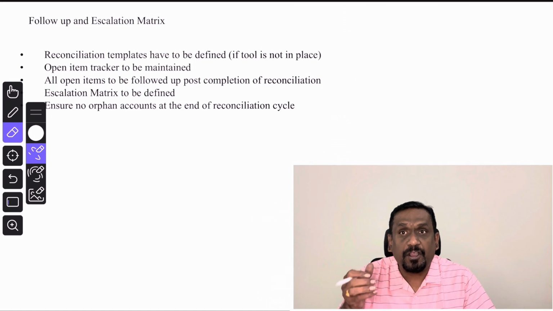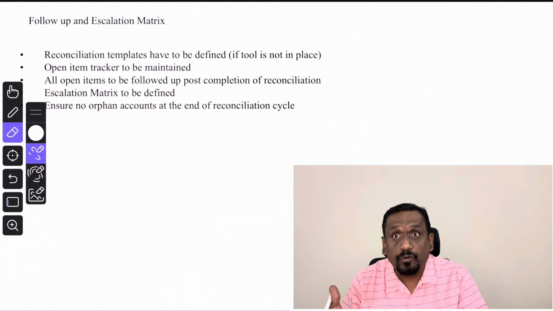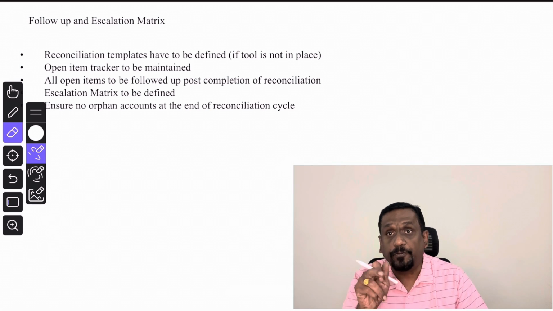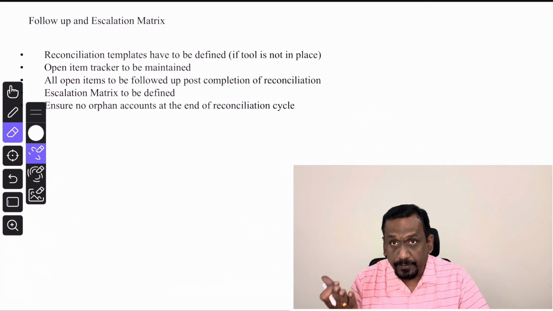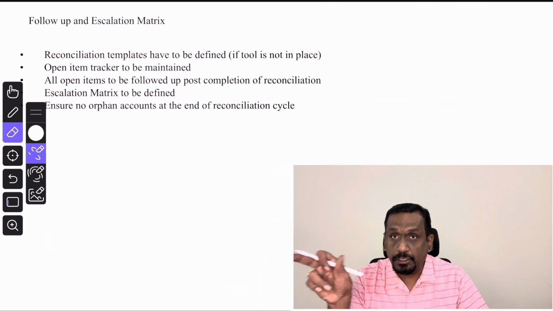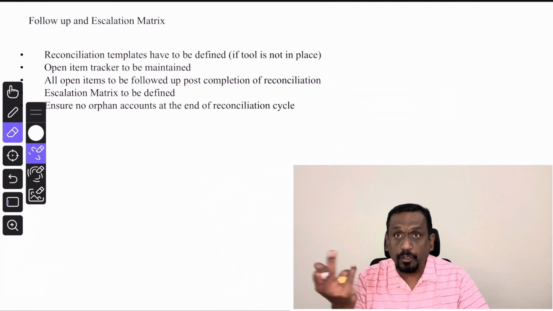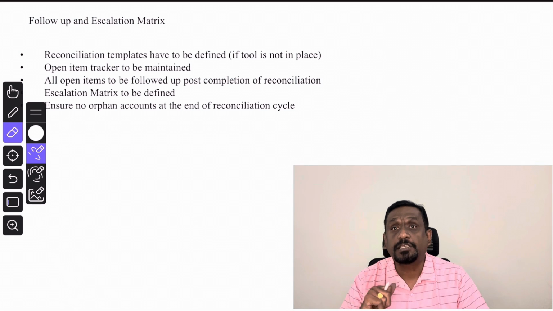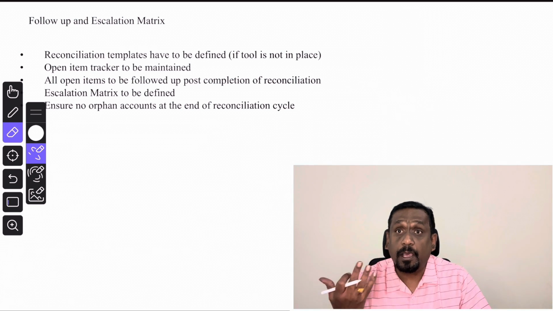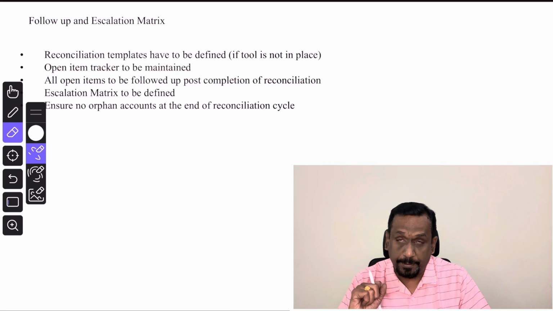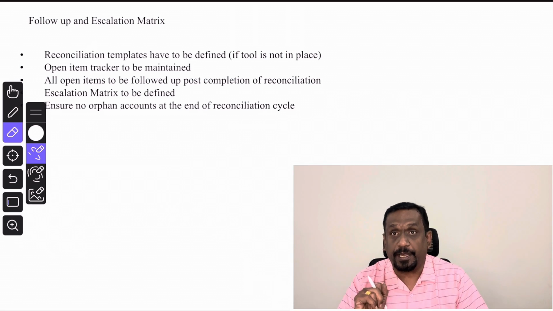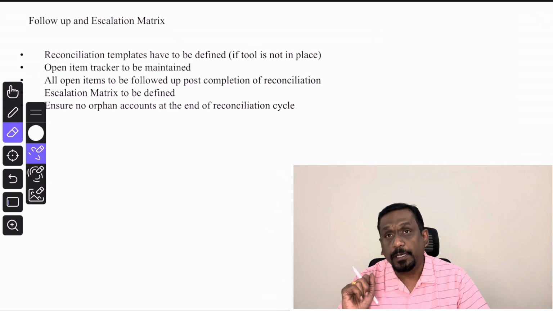Why is the username column required? Whom do you want to follow up? The person who posted the journal entry has to be followed up. For example, if that journal entry was posted by me, my name should be there. Oh, Krishna posted the journal entry. So you need to contact Krishna. Krishna, why did you post this journal entry? Okay, you posted, right? When are you going to get me the corresponding entry? If Krishna is the one who is supposed to get you the corresponding entry, he has to respond to your follow-up email.